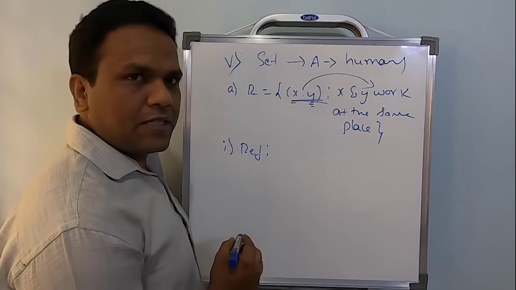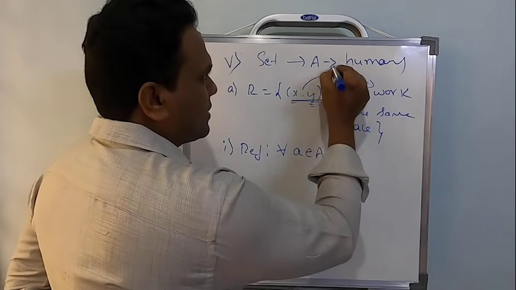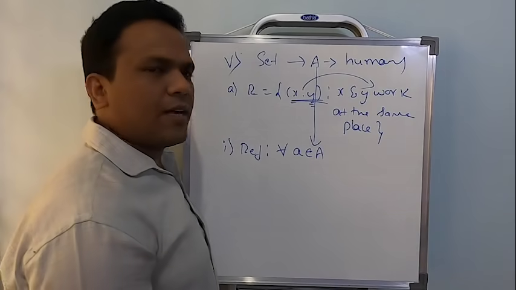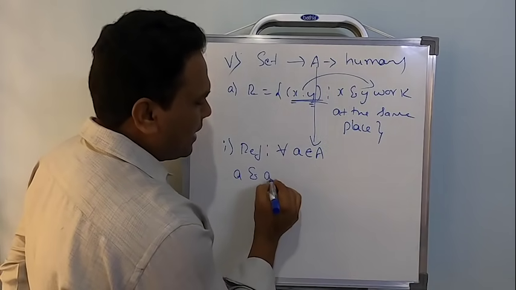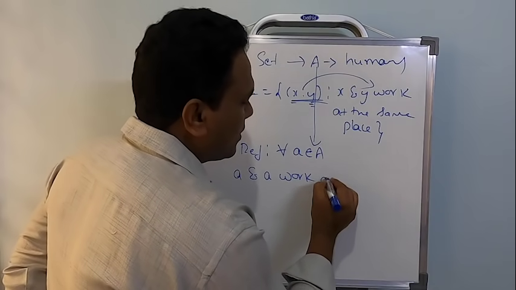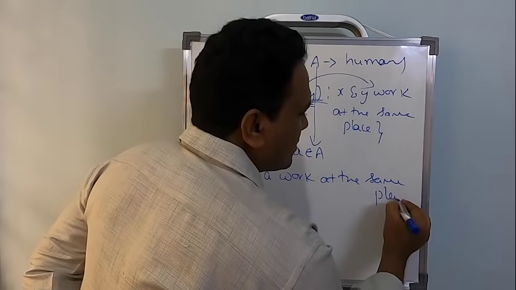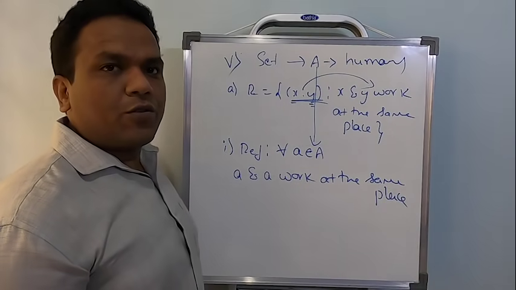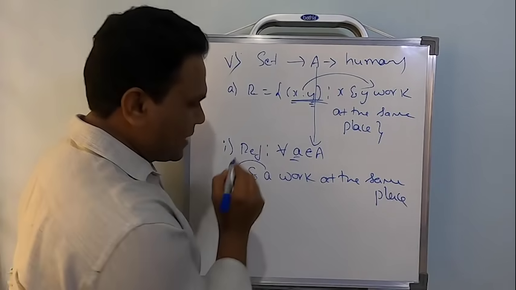To start with reflexive, for every element A belongs to the given set, that is where it has to start. Is it possible to say that A and A work at the same place? For reflexive you should not take two different elements. Take one element and repeat the same.